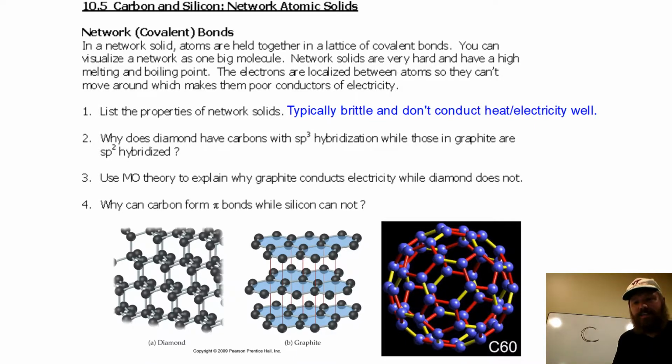So it's going to be able to make a bond to the other carbon atom, and then that bond might repeat, repeat, repeat. So these four electrons are going to bond in four directions, and they're going to bond to only carbon atoms.